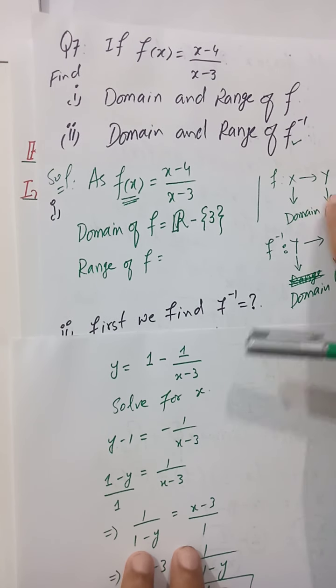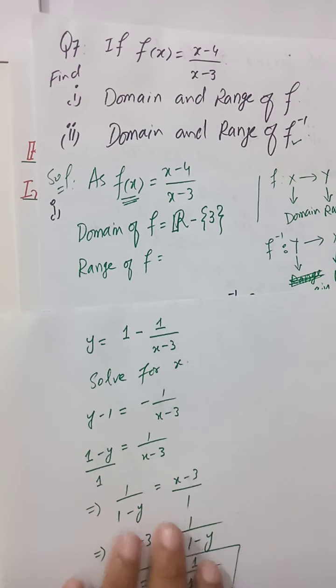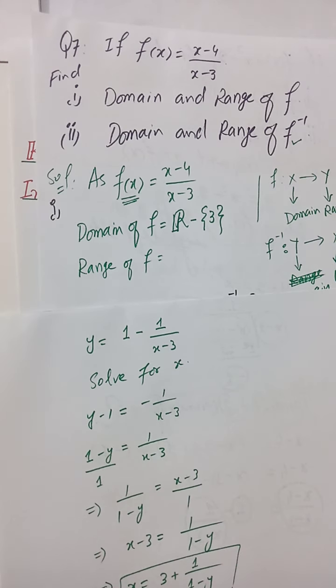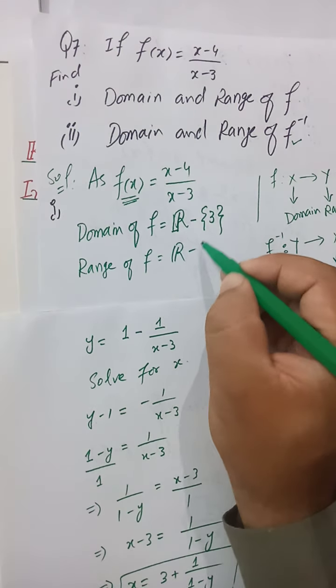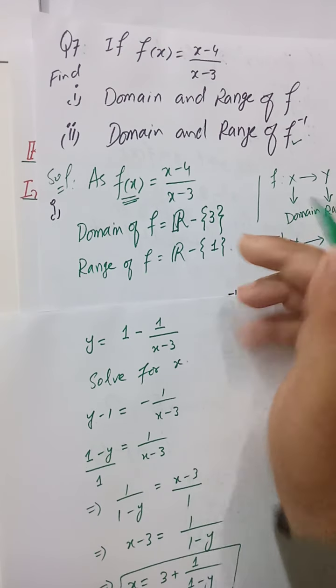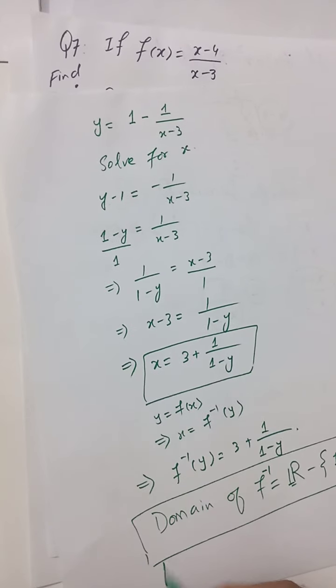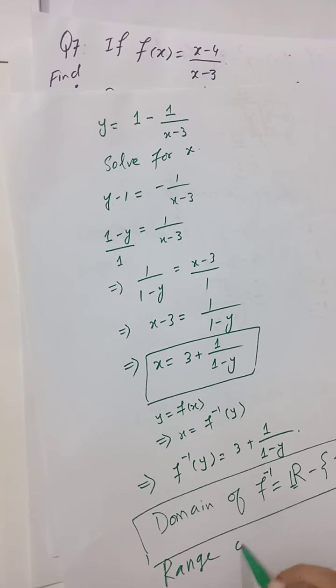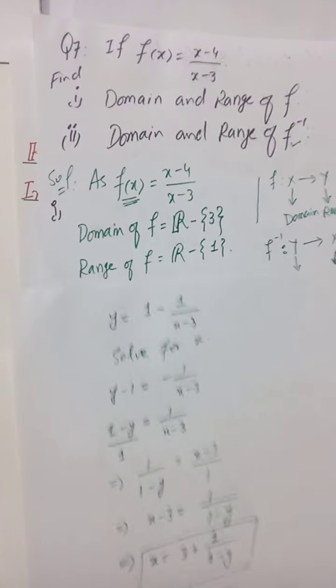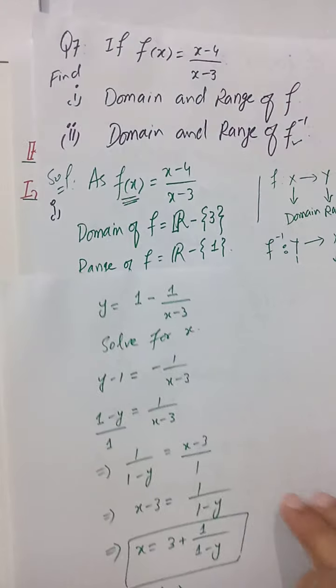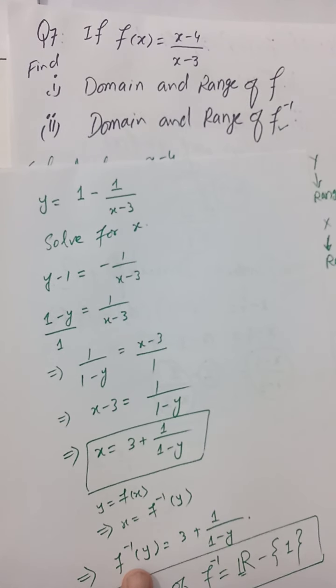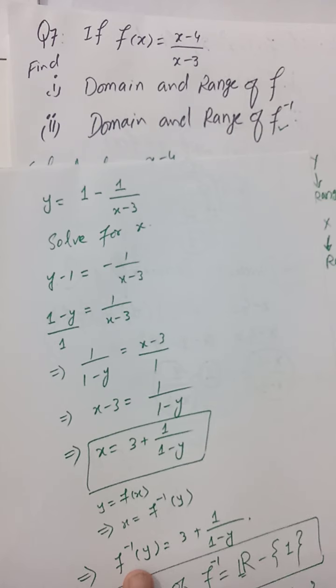Just replace range by domain and domain by range. So if this is the domain of the inverse function, that must be the range of the given function. And if it is the domain of the given function, so range of f inverse, which is equal to the domain of the given function, will be R minus 3.